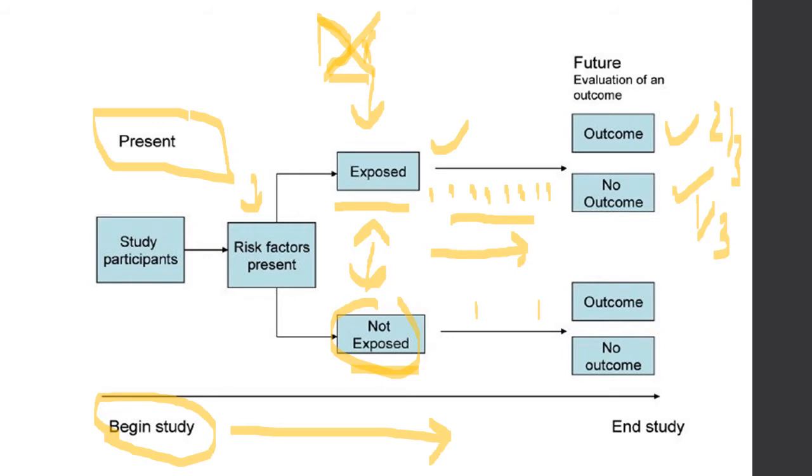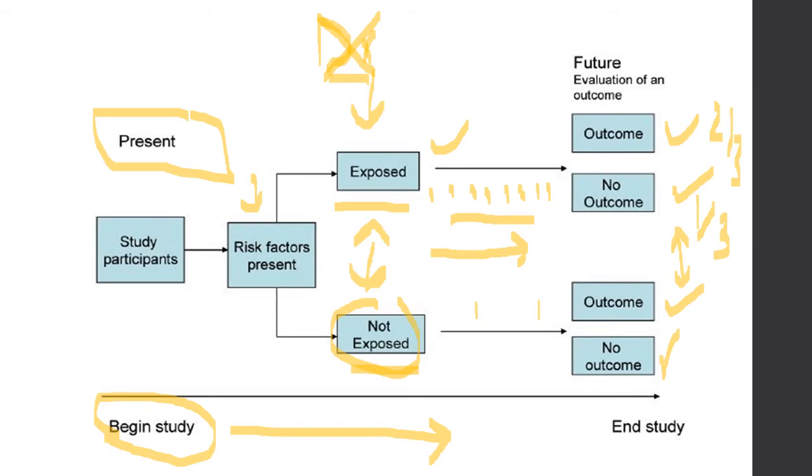Okay, and then you come and compare it to your other group. Among the not exposed group, how many have still developed the outcome of interest, because some of them will still develop it although they are not exposed, compared to those who did not develop the outcome.